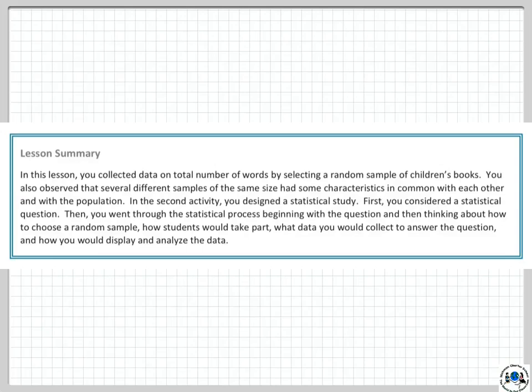In this lesson, we collected data on the number of words, selecting a random sample. Hopefully all of you got a chance to use the random number generator online. We also observed how different samples of the same level have some characteristics in common with the population.